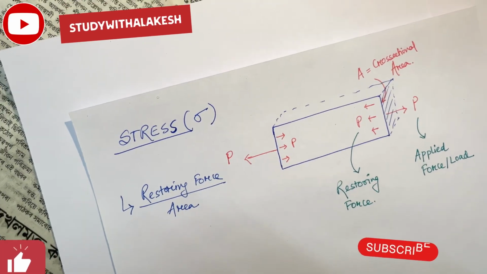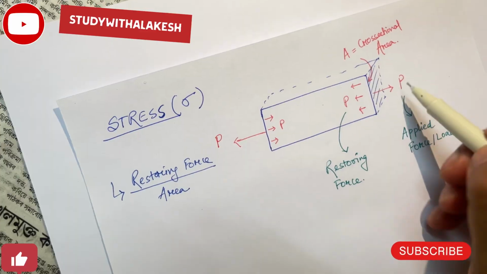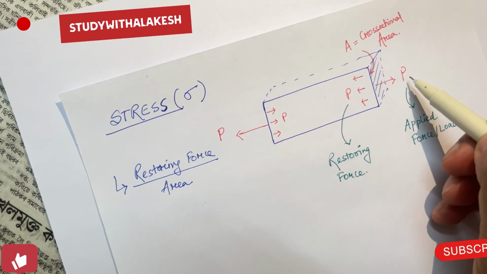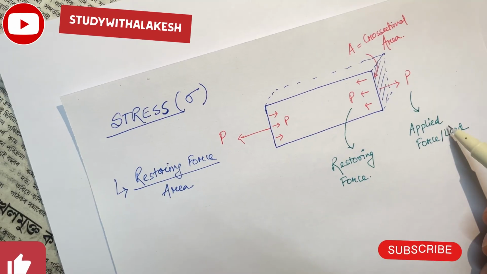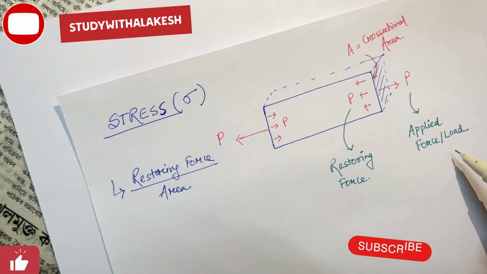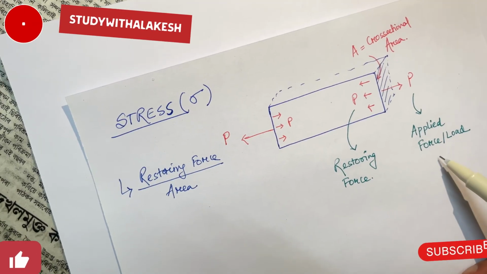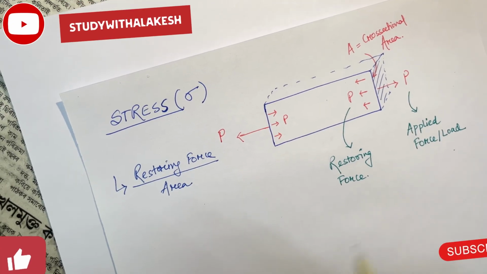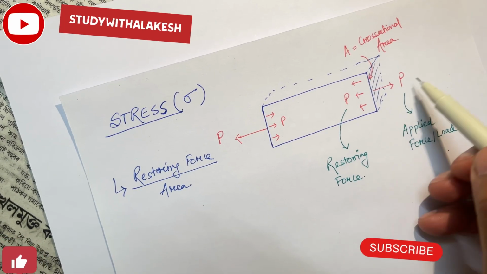Now, this is the load that we are applying, so this is called applied load or applied force. Basically, in strength of materials, the force is normally called load. So this is the applied load which is applied externally.